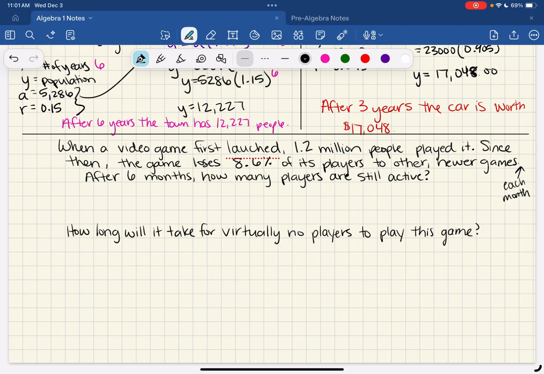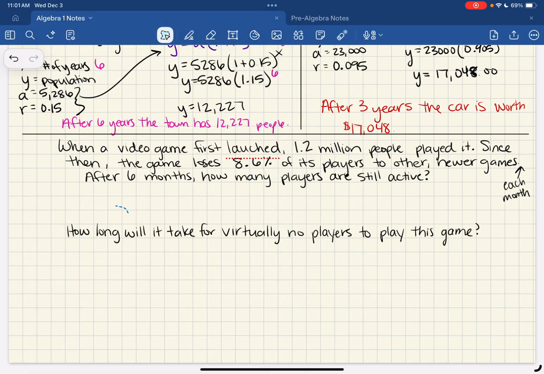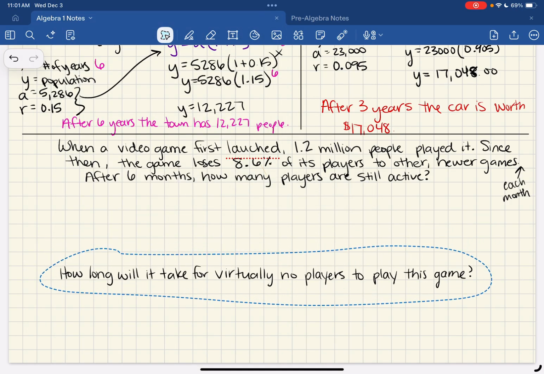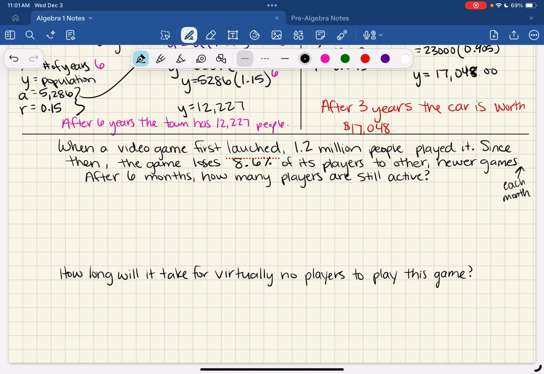All right. Now that you've figured this out, how many players are still active after 6 months? I'm going to scoot this equation down because we're going to do something different for it. So are we growing or decaying? Good, we're decaying. So y equals a times 1 minus r to the x. My a is 1.2 million.